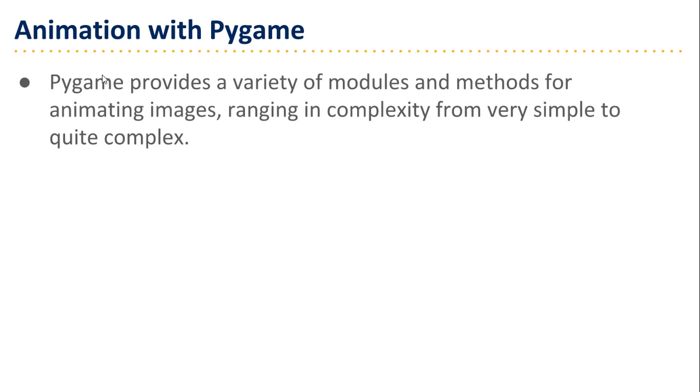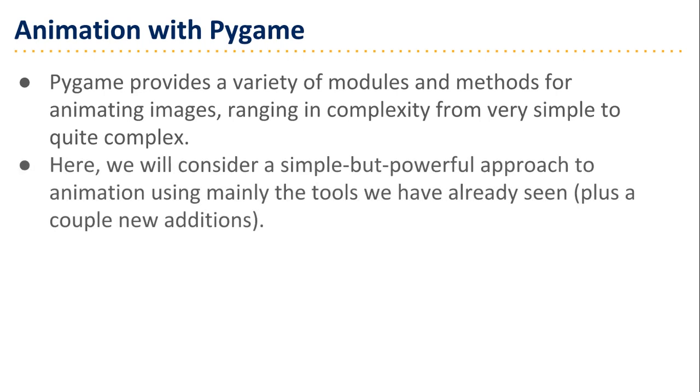Pygame provides a whole variety of modules and methods for animating images. They range in complexity from simple to complex, and they have various functionality. So you're welcome to explore all of these on your own, but in this video we're going to focus on a simple approach to animation that's based on the tools we've already learned.